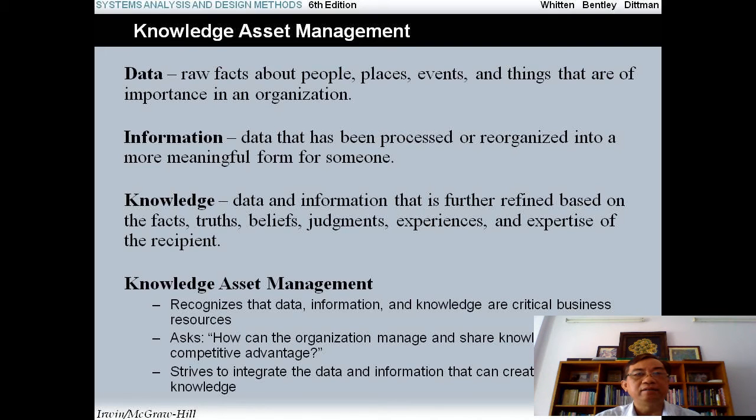And knowledge is data and information that is further defined based on the facts, true belief, judgments, experience, and expertise of the receiver. Knowledge asset management recognizes that data, information, and knowledge are critical business resources. How can the organization manage and share knowledge for competitive advantage? Try to integrate the data and information so that they can create and preserve knowledge.